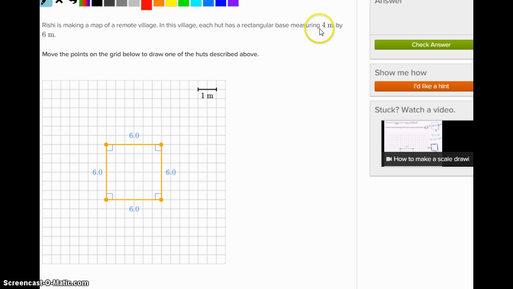The hut is rectangular, it measures 4 meters by 6 meters. So they give us this scale. 2 units makes up 1 meter. So I'm just going to write that out so I remember it. 2 units makes up 1 meter.